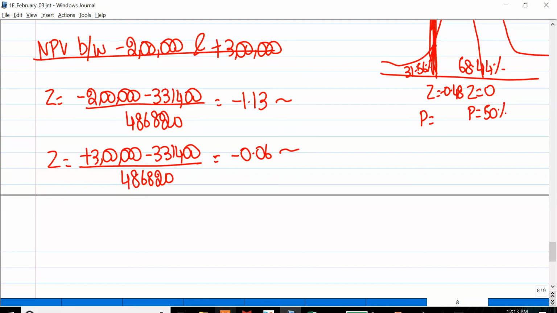Minus 1.13 and minus 0.06. You can also tell me the probability for these two from there. Minus 1.13 is how much? Minus 0.06 is how much? Okay, sorry, my mistake.